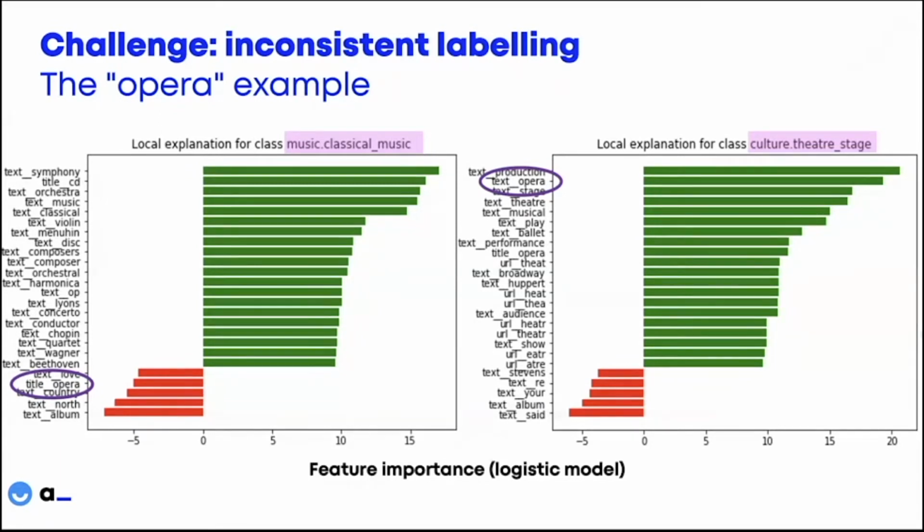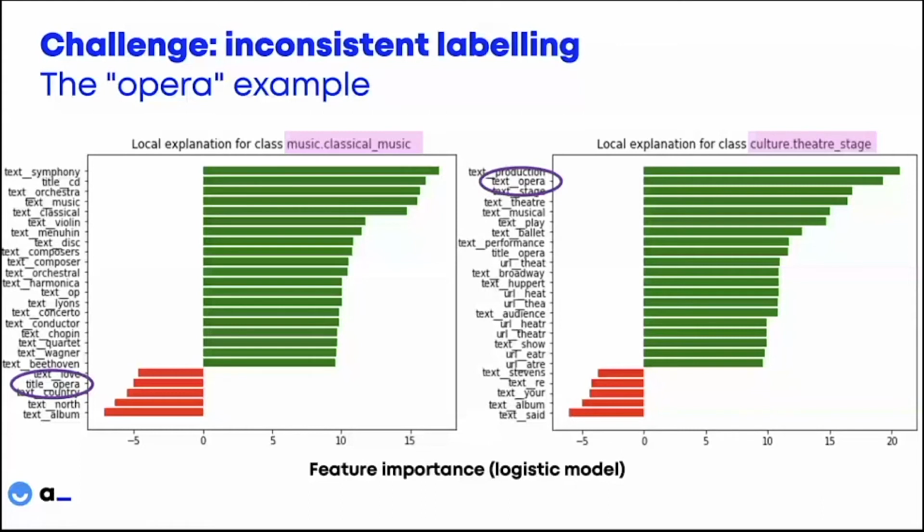Whereas for theater stage on the right side, you can see that it's one of the strongest signals for the model to classify it as theater stage. So it's quite confusing for the model to see a different label.